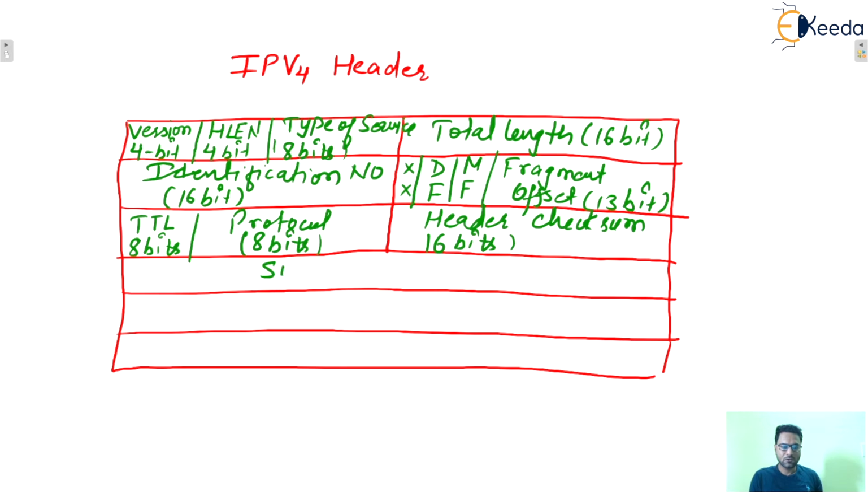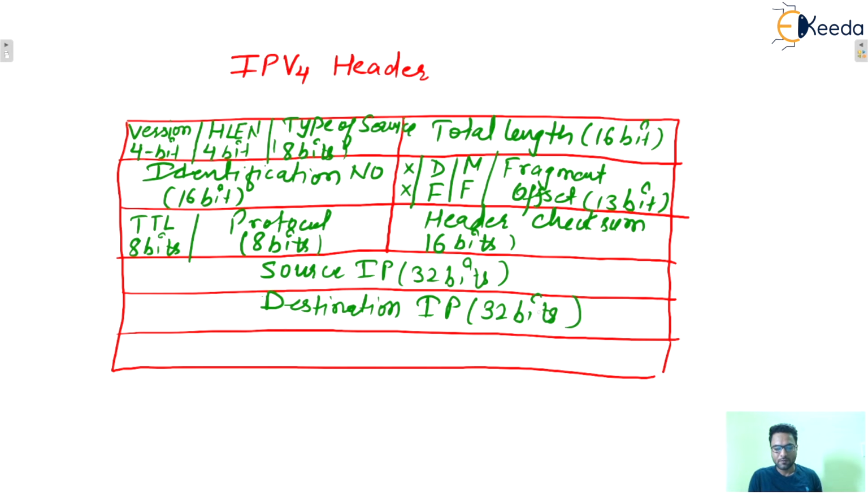Next one is the source IP address. This is of 32 bits in version 4. Destination IP address. This is of 32 bits. Next one is options.